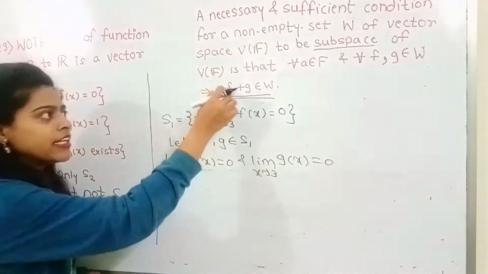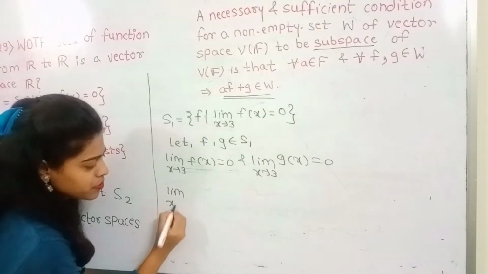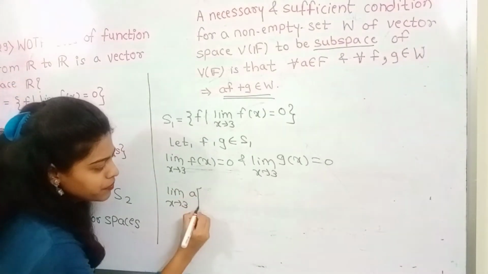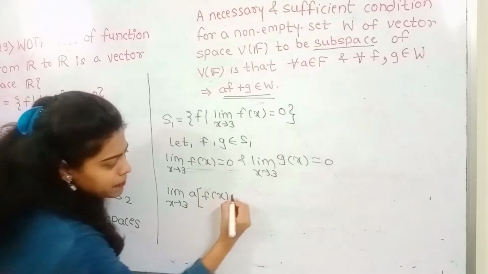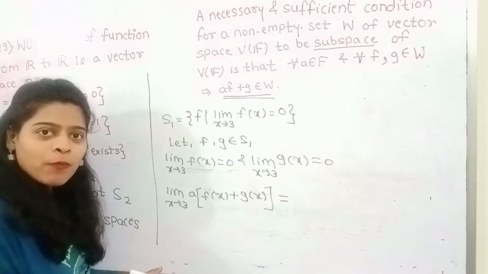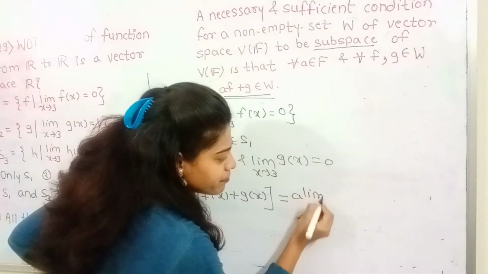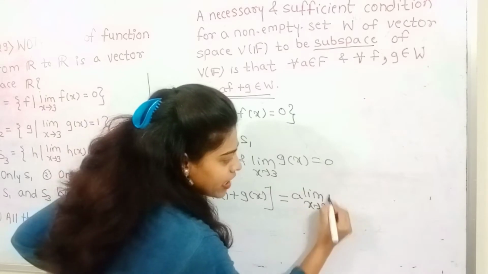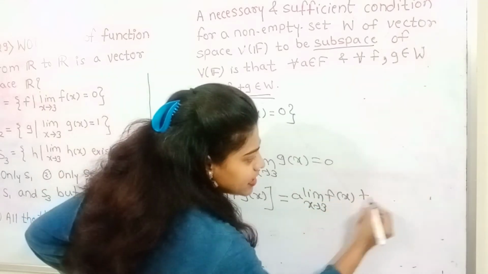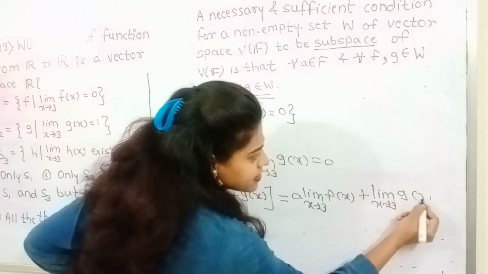Put these values in our given condition, that is, limit x tends to 3 of a f(x) plus g(x) is equal to, by the property of limit, a times limit x tends to 3 of f(x) plus limit x tends to 3 of g(x).